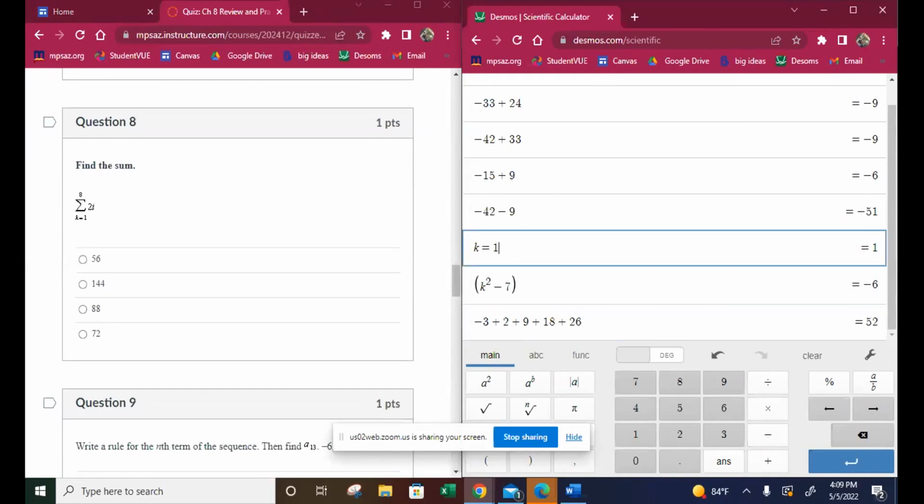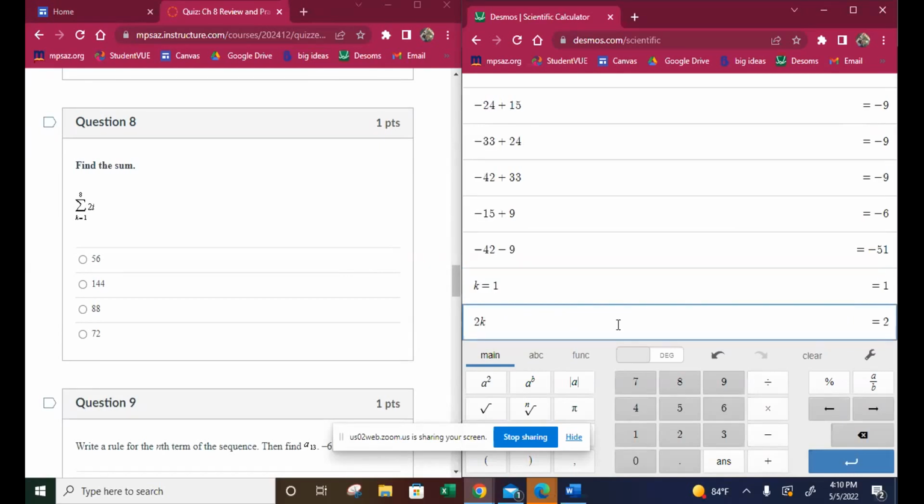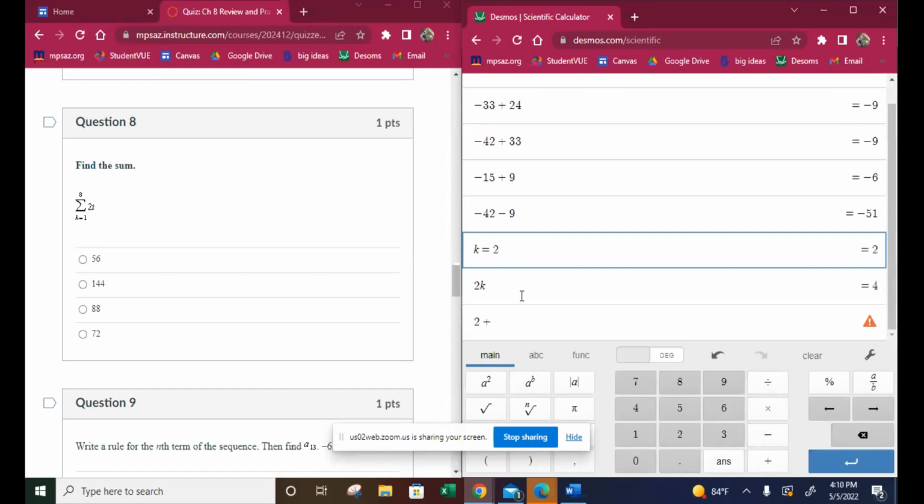Okay, this one's exactly the same. We're going to change the function though to 2K. And you can see that your first number is 2 that you're going to add. So 2 plus 4.